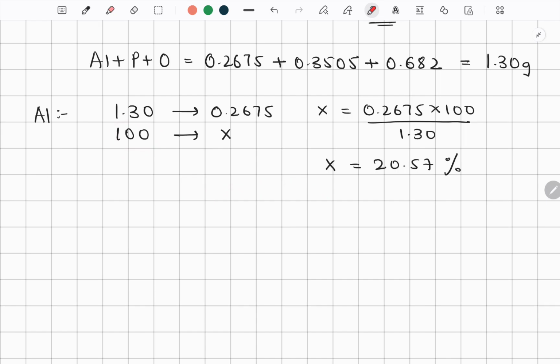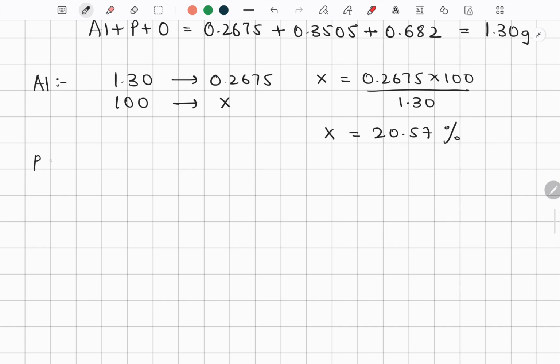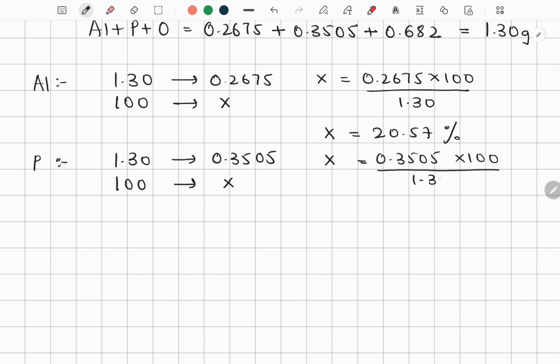Now let's go for the phosphorus. Out of 1.30 gram, 0.3505 gram is phosphorus. So in 100 gram it would be X. The value of X is 0.3505 into 100 divided by 1.30.